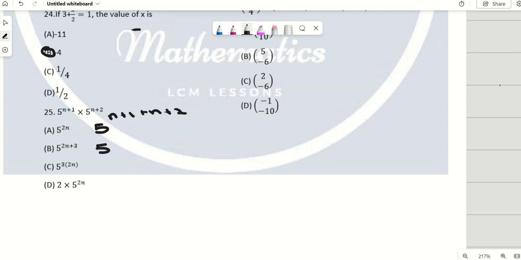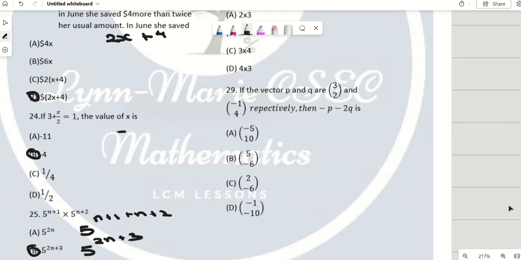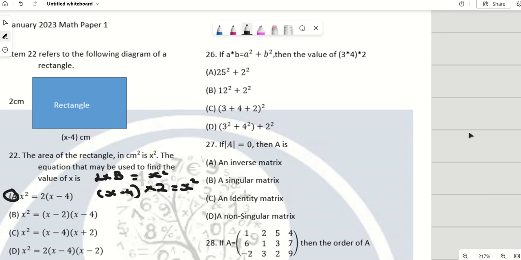Let's add it: n and n is 2n, and 1 plus 2 is 3. So we know it is 5 to the power of 2n plus 3, that is B. Remember, if bases are the same and you're multiplying, you add your powers. If your bases are the same and you're dividing, you subtract your powers. That's just some laws of indices for you.